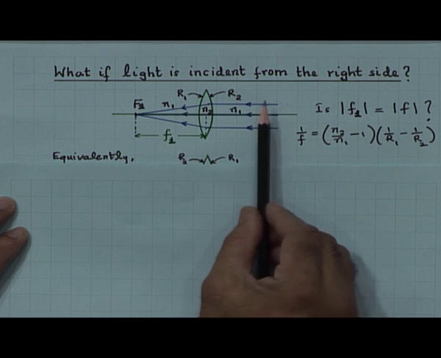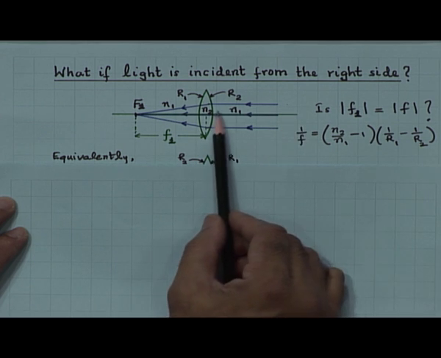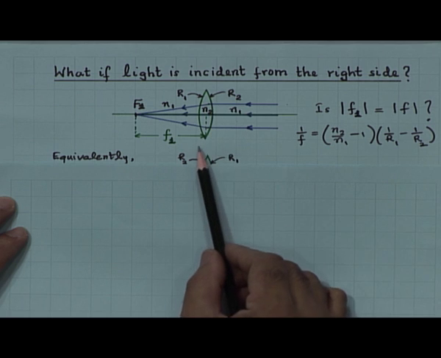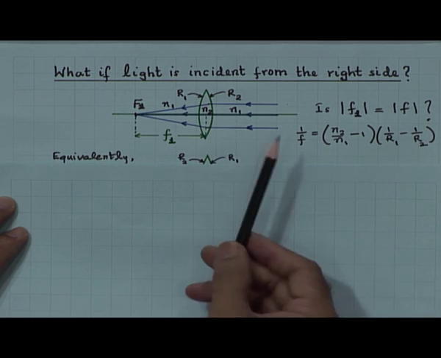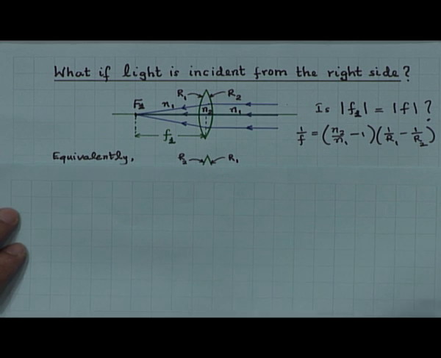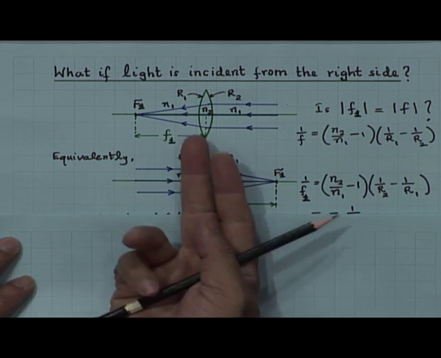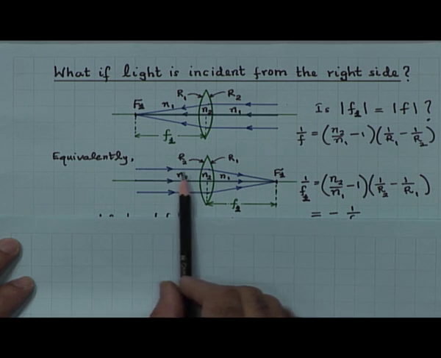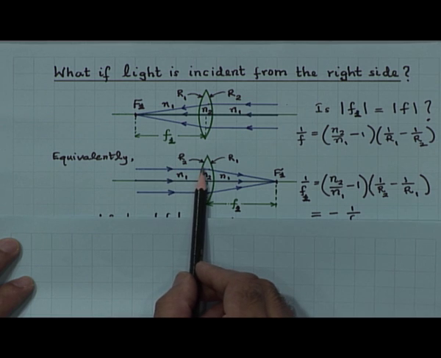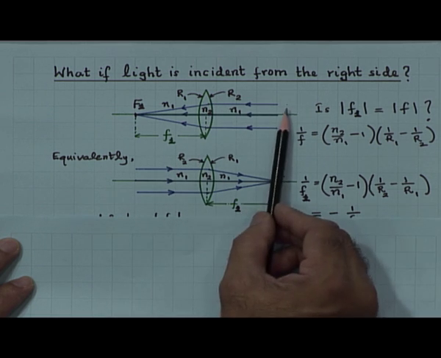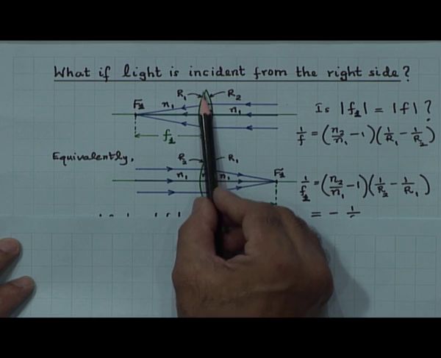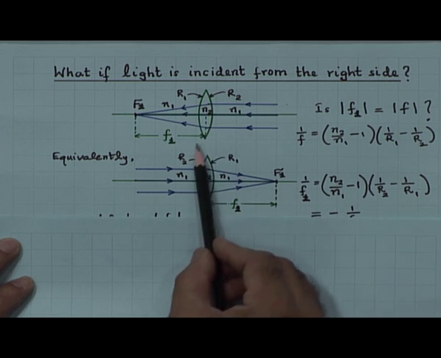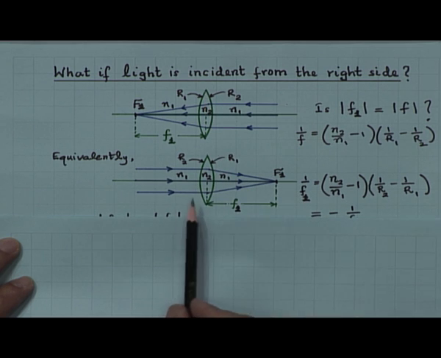Now, light is incident on the surface with the radius of curvature r2. Therefore, I can equivalently rotate this and put the lens like this, so that light is still incident on the left side, but now it is encountering r2 first. So, it is the same situation.